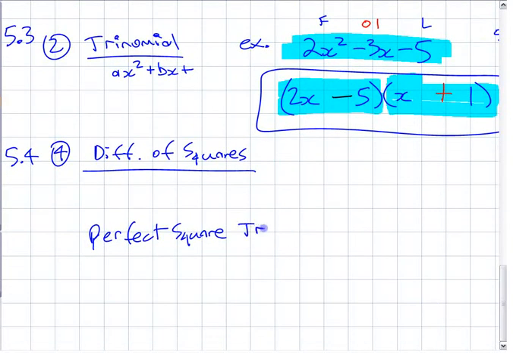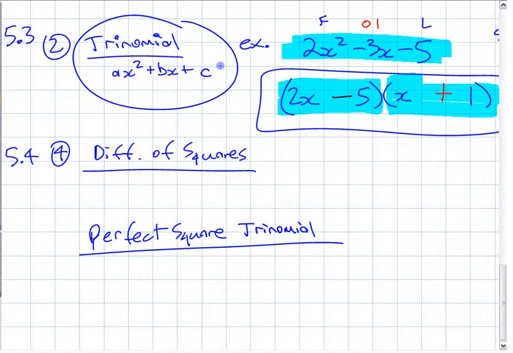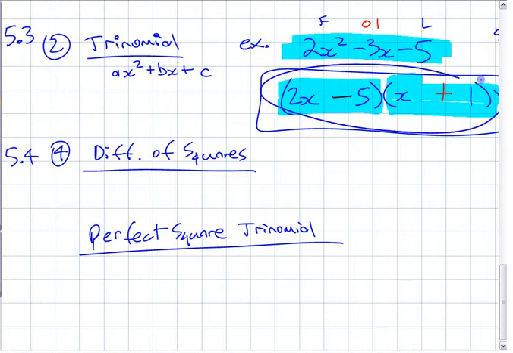A perfect square trinomial is not anything different. It's this, except that it happens that the two brackets are identical. A difference of squares is something like x squared minus 121.